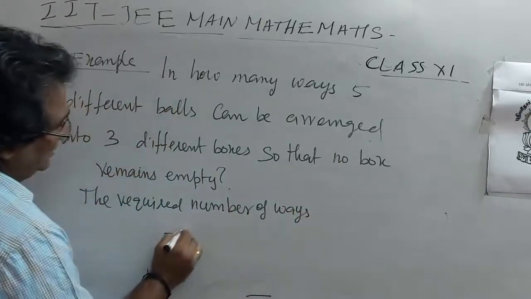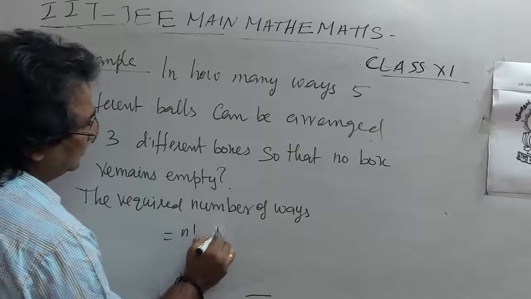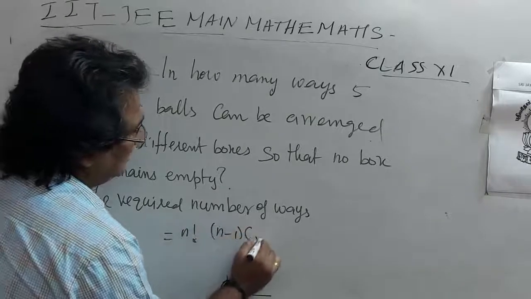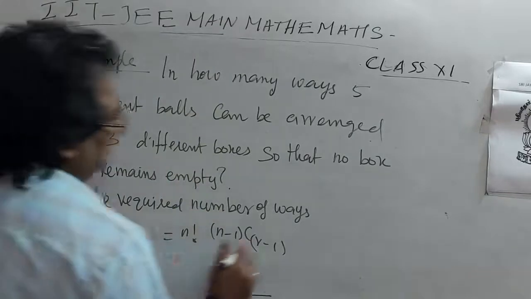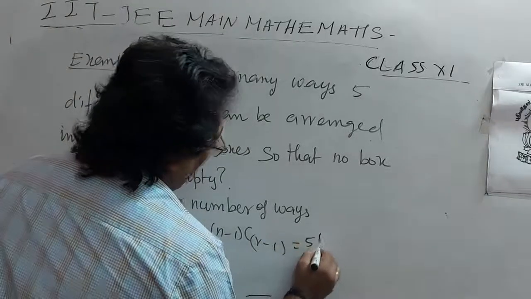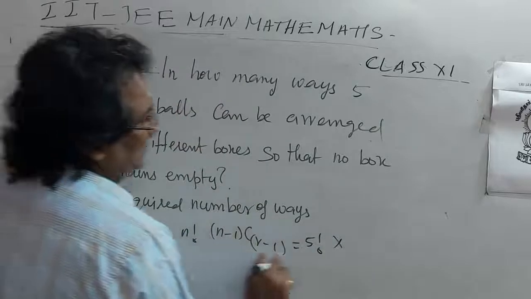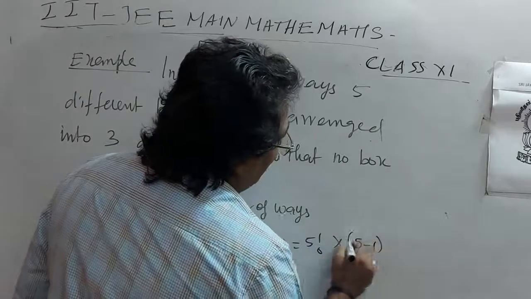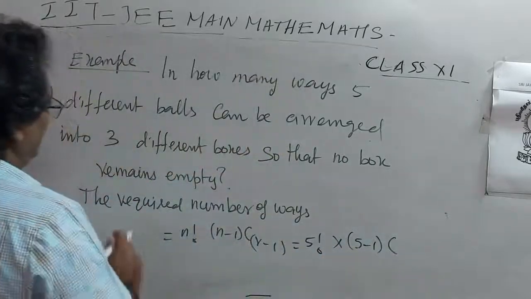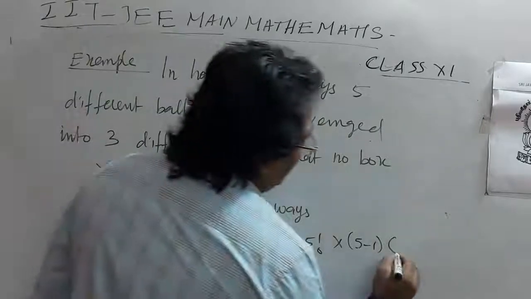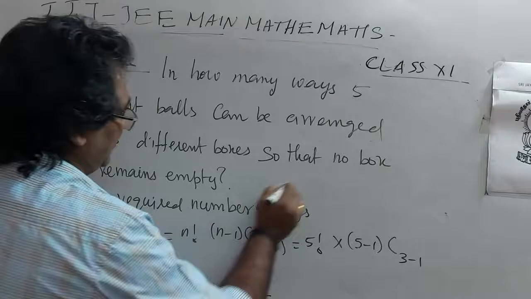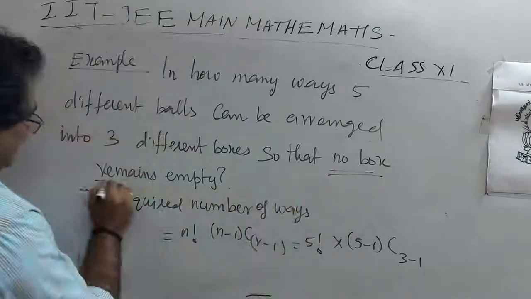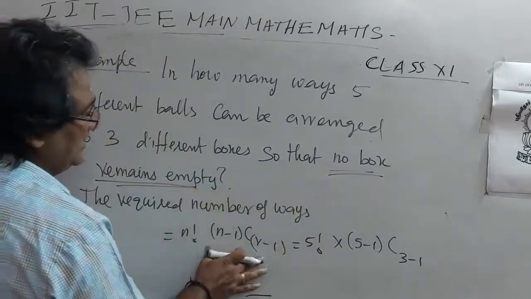The required number of ways is n factorial into n minus 1 C r minus 1. Five different balls are there, therefore n takes value 5 factorial into 5 minus 1 C, three different boxes, that is r equal to 3, minus 1. We apply this formula because no box remains empty.